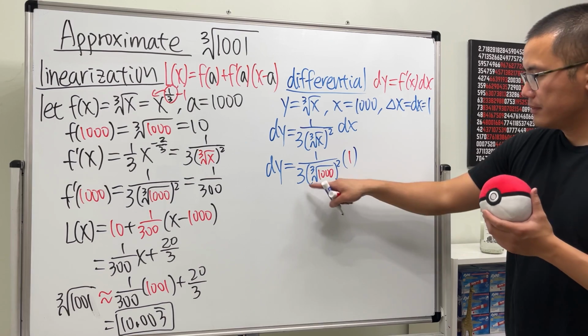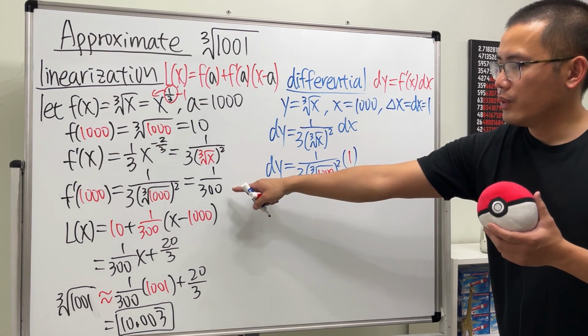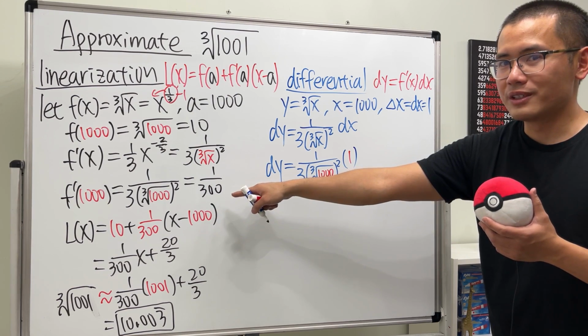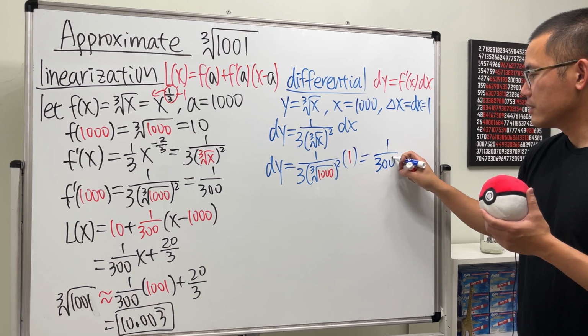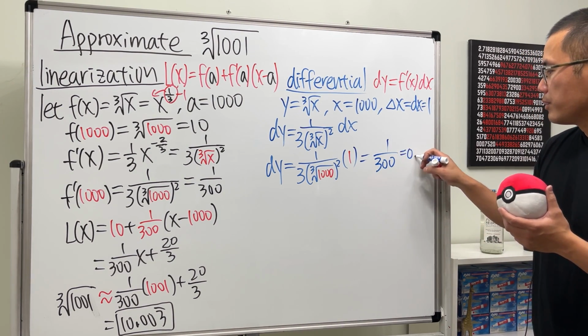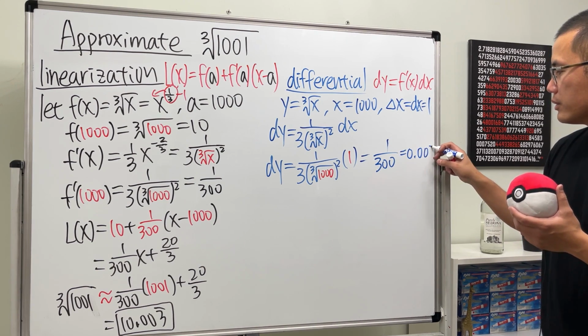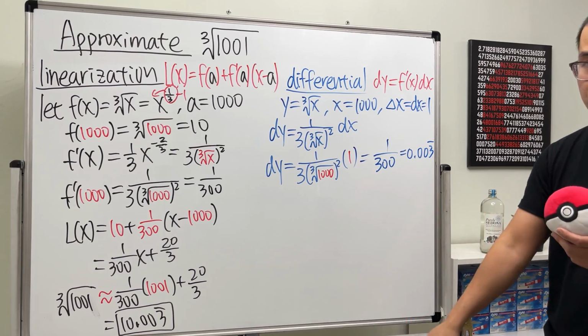Now check this out. This is 1 over 300 times 1, so altogether it's just 1 over 300. The approximation for this is 0.003, with a bar because it's 3s forever. You see that over there, huh?